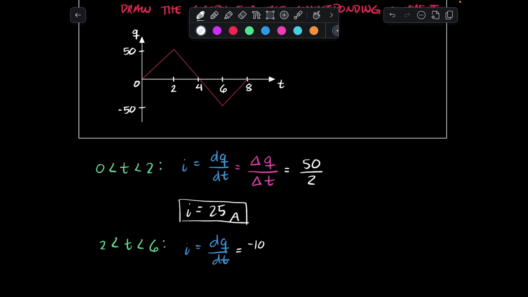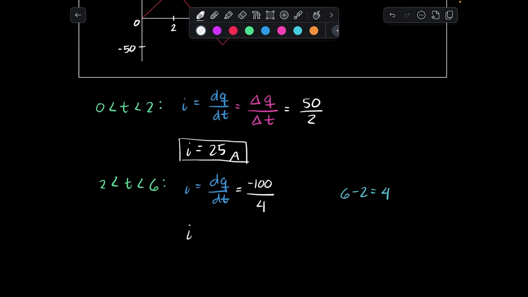Therefore, we have negative 100 at the top here for the change in Q. And for the bottom, we go from 2 seconds to 6 seconds. Therefore, the change in time is going to be 6 minus 2, which is 4 seconds right here. And so between 2 seconds and 6 seconds, current is equivalent to negative 25 amps.